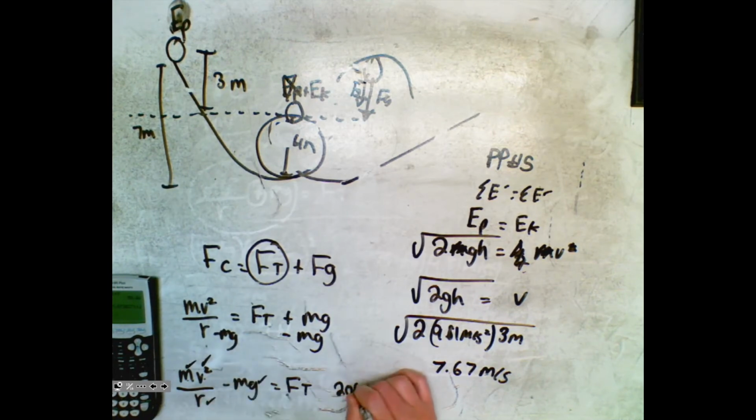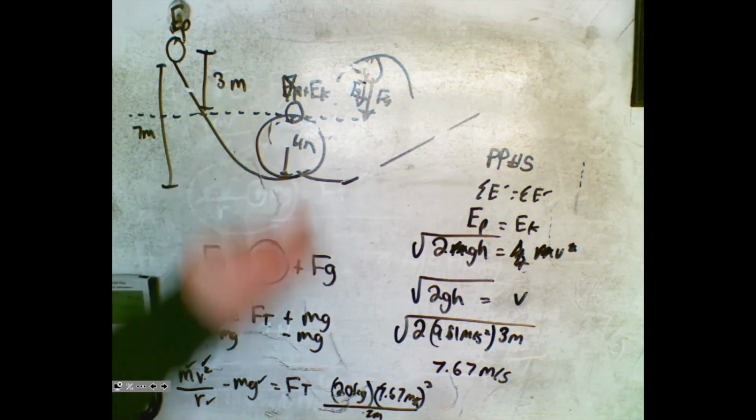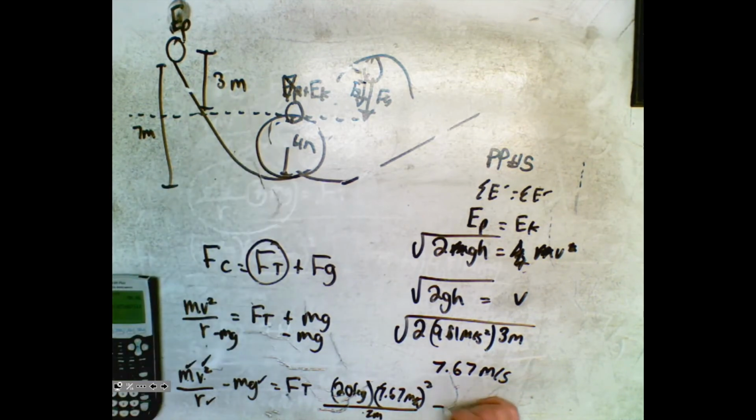So we have a 20 kilogram dog. We have 7.67 meters per second. Don't forget to square it this time, myself. And then our radius is 2 meters. It's a 4 in diameter and 2 in radius. And then I subtract my 20 kilograms times 9.81 meters per second squared.